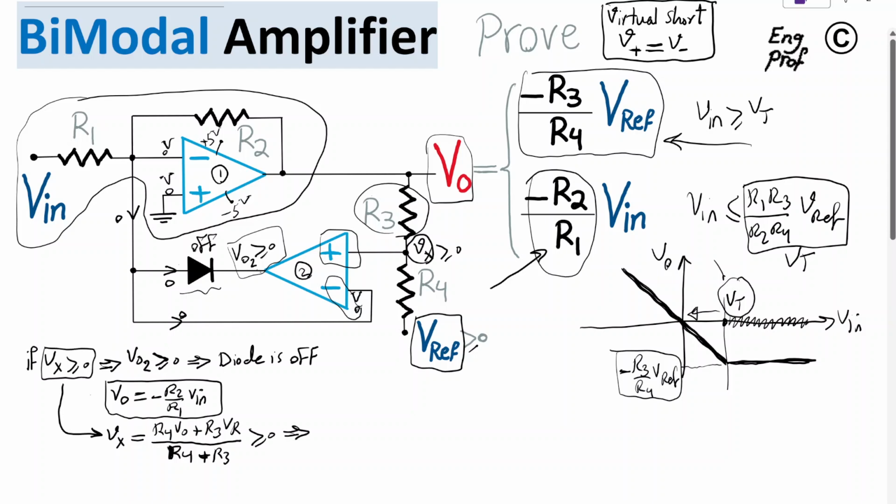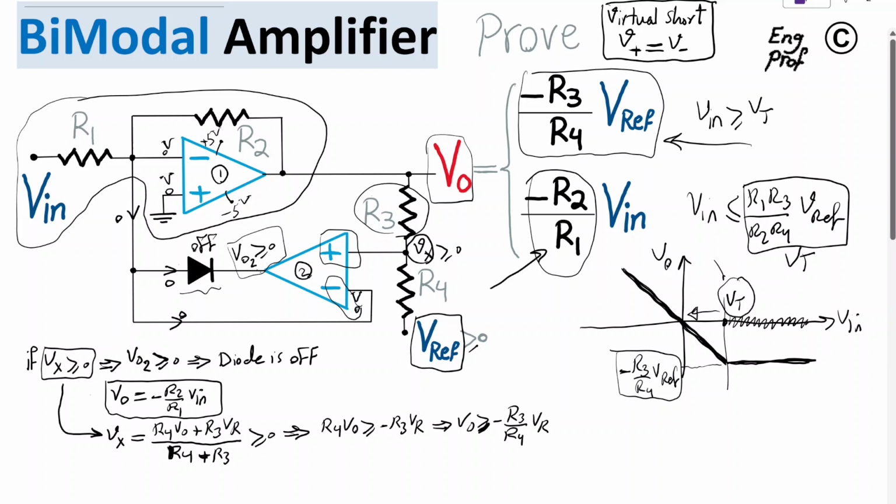Okay, so the denominator doesn't matter; the numerator should be greater than or equal to 0, which means R4 Vout should be greater than or equal to negative R3 Vreference. Or in summary, Vout should be greater than or equal to negative R3 over R4 times Vreference.